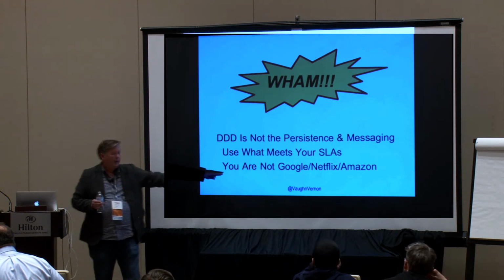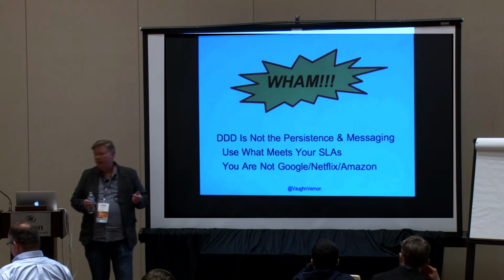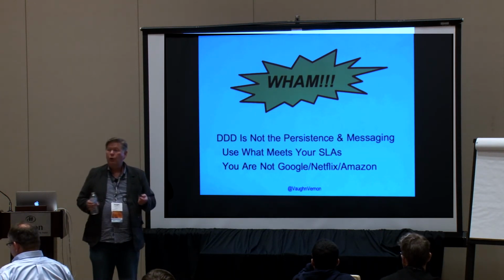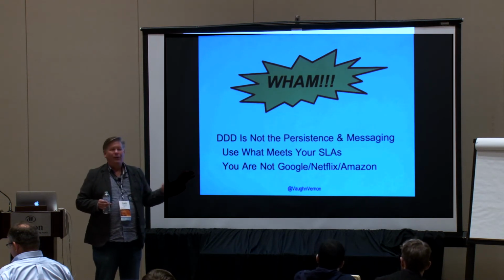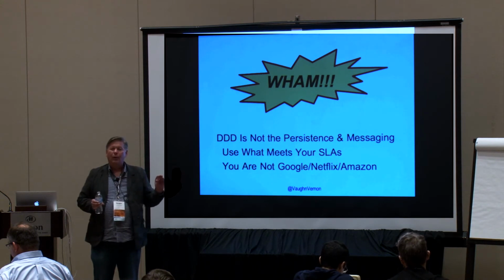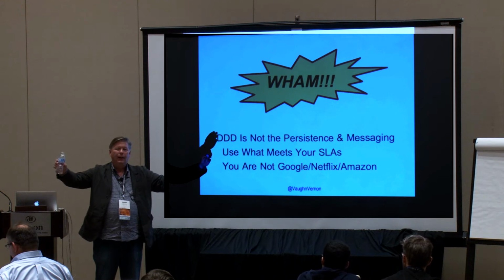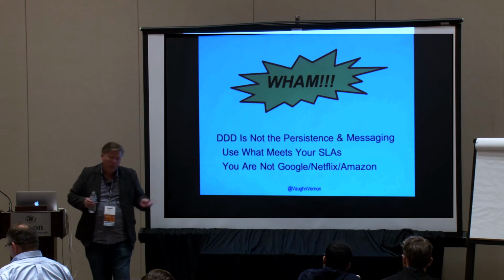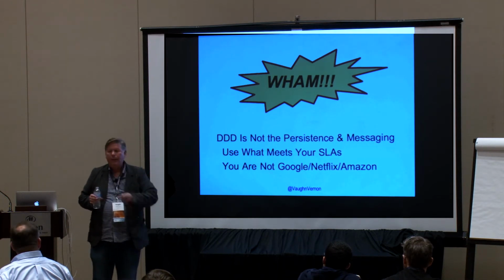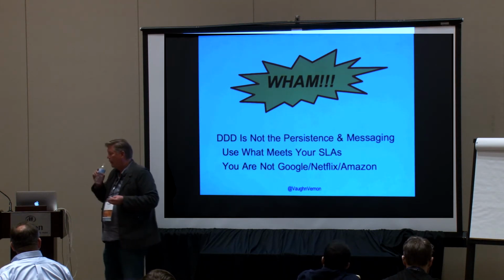I like to say this statement because it's very pointed: you are not Google, Netflix, or Amazon unless you are Google, Netflix, or Amazon. This statement doesn't say that if you are working at one of these places with huge throughput, low latency, high scalability, that you're not them. Well, you are, but don't try to be them just because you think it's cool. Just choose the right mechanisms for the job.